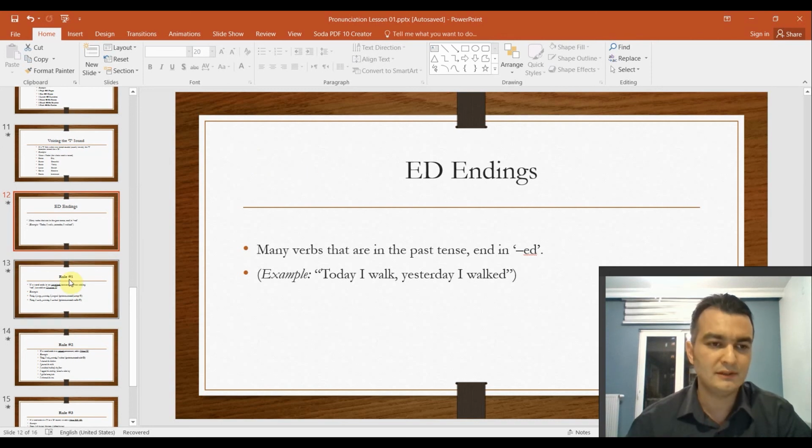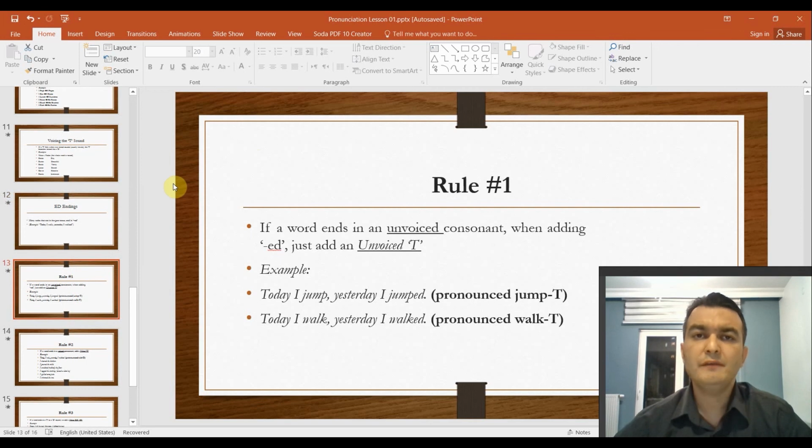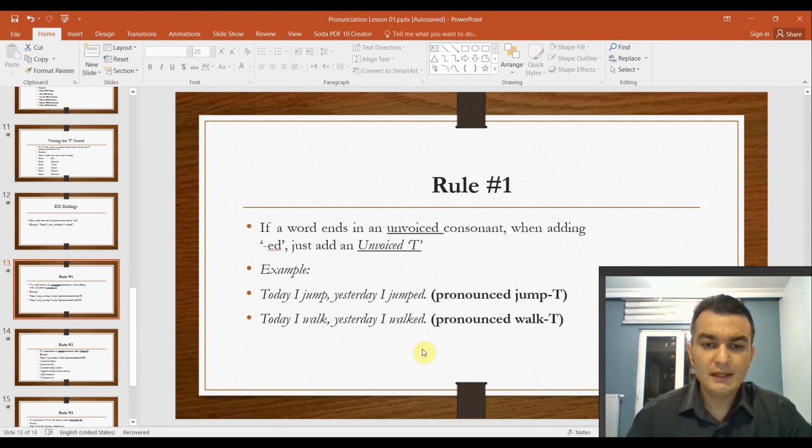Very easy, basically. Again, we have three rules. Rule number one, if a word ends in an unvoiced sound or consonant, whatever, unvoiced, okay, then we add unvoiced t. Understand? T. For example, today I jump, yesterday I jumped.